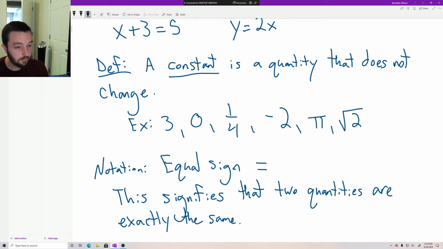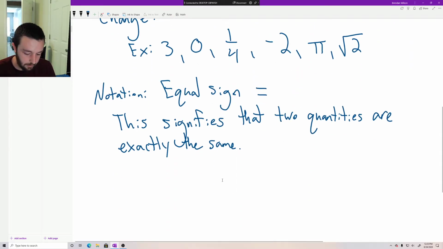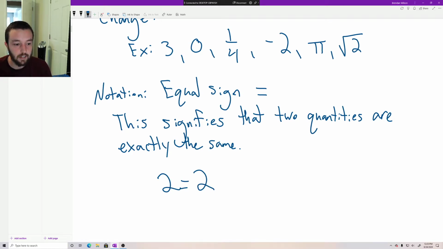Okay. So if I write 2 equals 2, this is signifying that 2 and 2 are the same number, right? They're both representing 2 of something, which we know to be true.